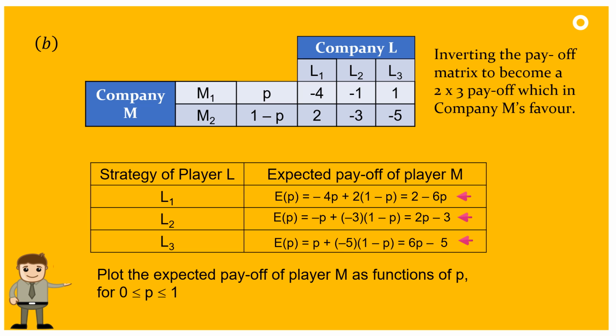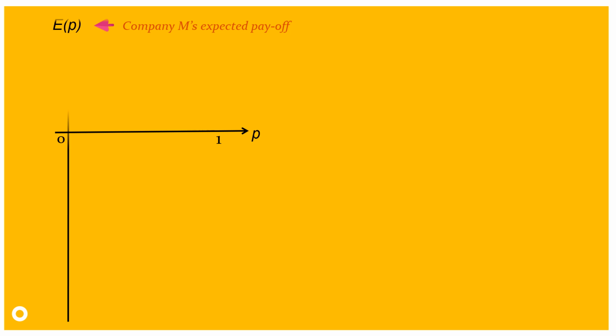Then we plot the expected payoff for player M as functions of p for the values of p in the range from 0 to 1 inclusive. Plot the x-axis that represents the values of p, and the y-axis that represents company M's expected payoff.